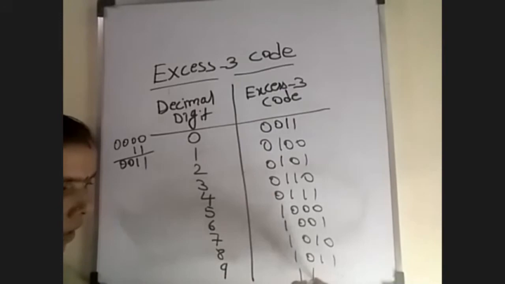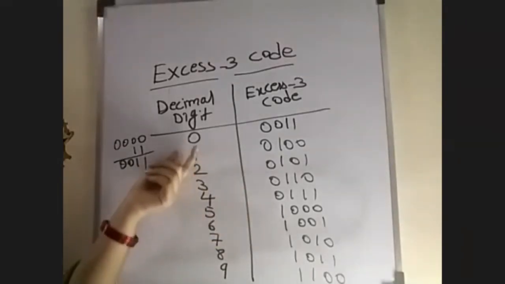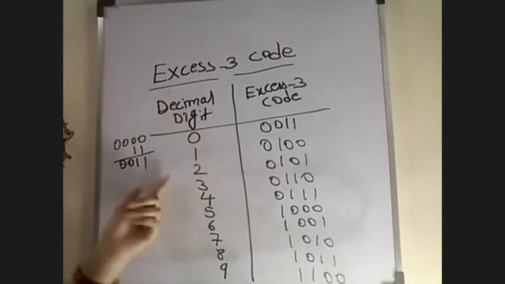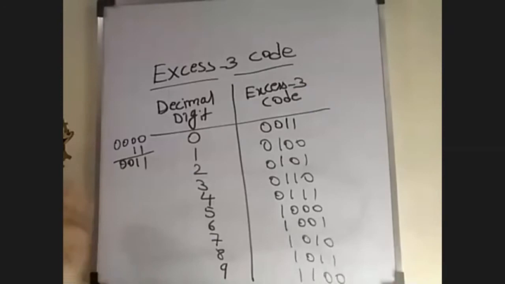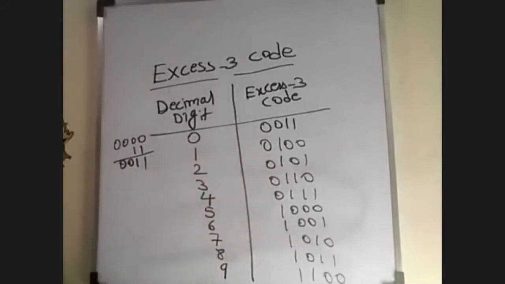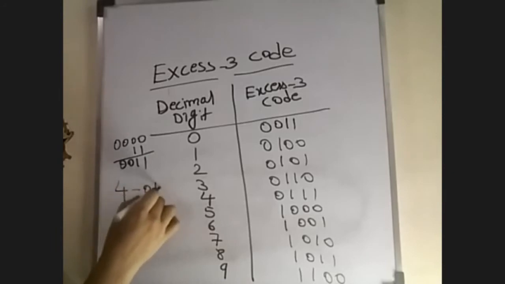So how did you get these values? For each decimal digit, the equivalent BCD values are there. For those BCD values, you add +3, so you will get the XS3 code values. For example, take 4. In BCD the value is 0100.